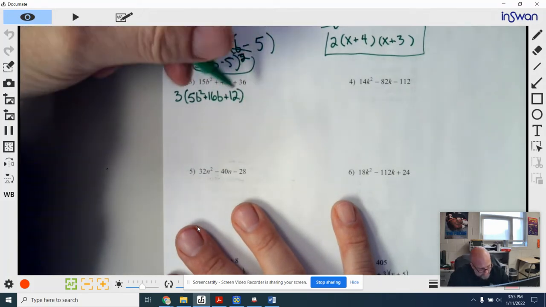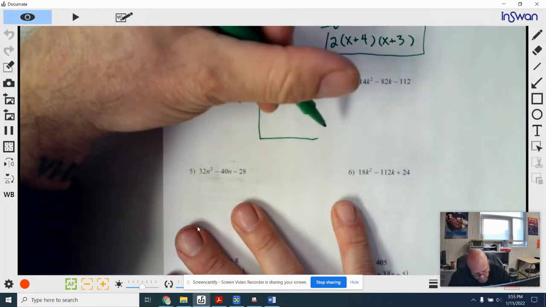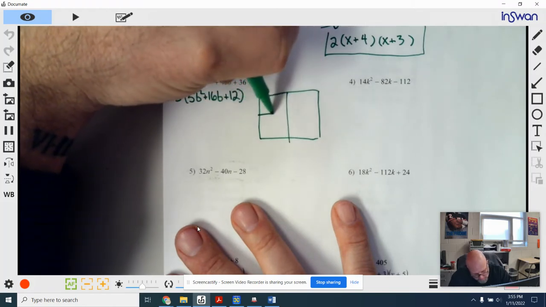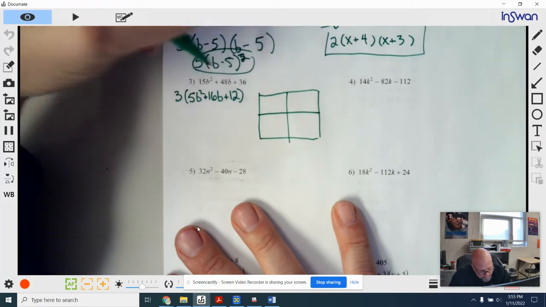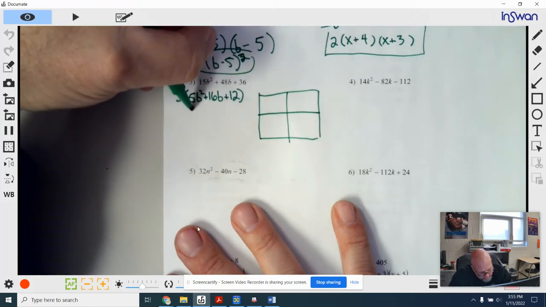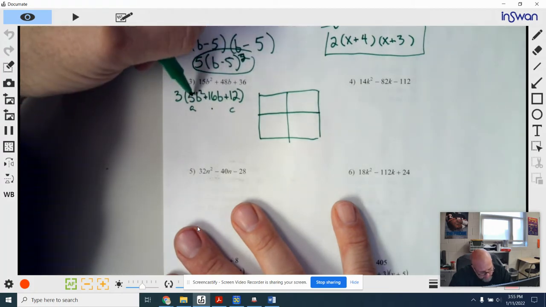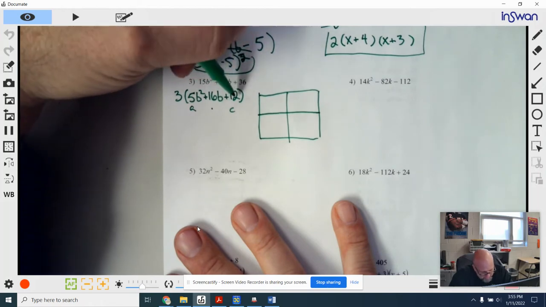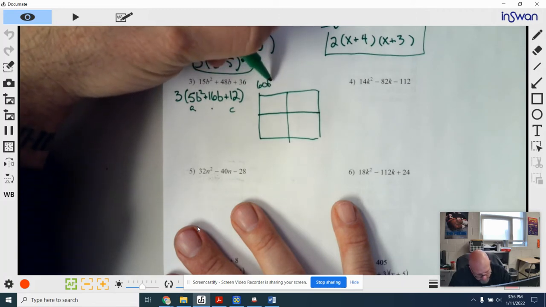Now if you look at what you've got left here, this is, like I said, a little bit more difficult. Maybe you can't do it mentally, maybe you want to use that box method, and we'll just review the box method here. With the box method, I want to multiply the a term times the c term. So 5b squared times 12, that's going to give you 60b squared.